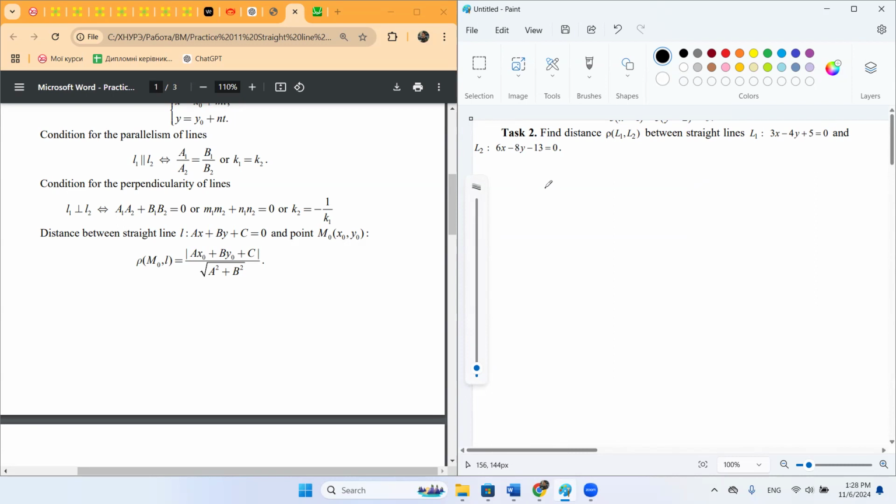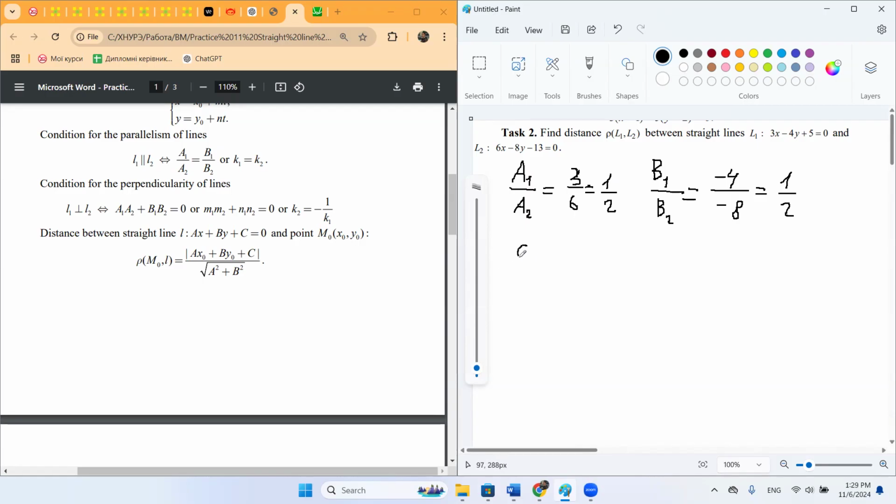And let's first of all verify that these lines are parallel. So A1 by A2 equals 3 by 6, so one second. B1 by B2 equals -4 by -8, and it also equals one second.